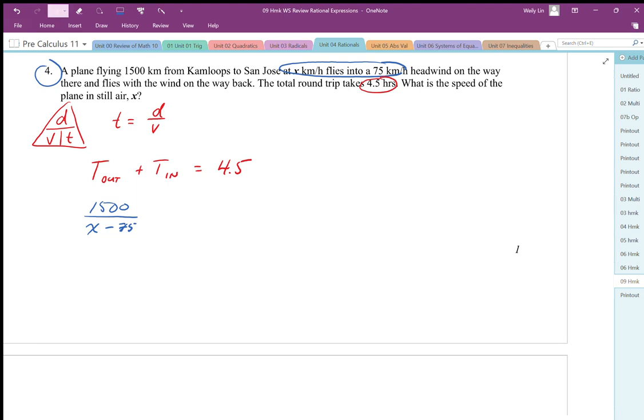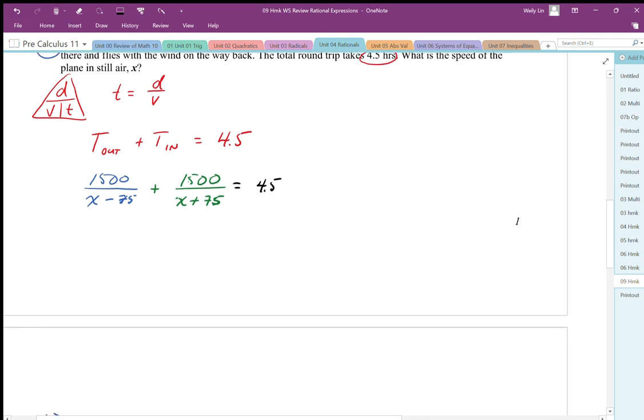When we come back in, we are going with the tailwind, so it's going to be x plus 75 kilometers per hour, and that equals the total, 4.5 hours. We have hours equals hours, so our equation is consistent. Now we just solve this.